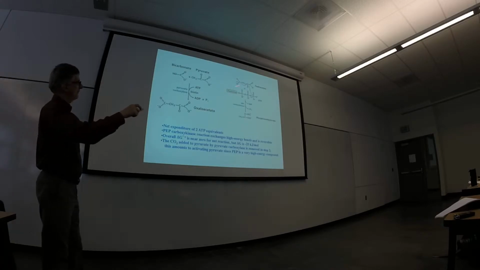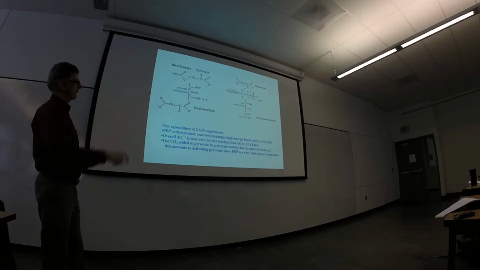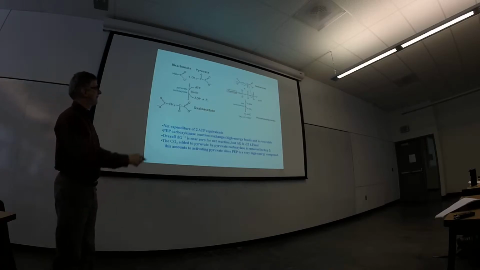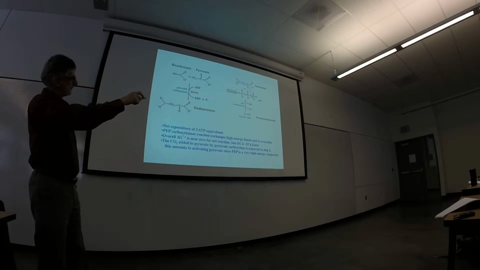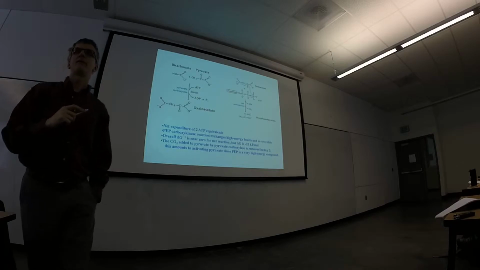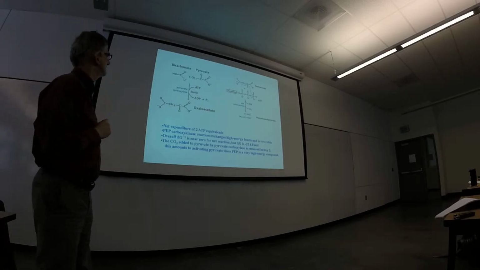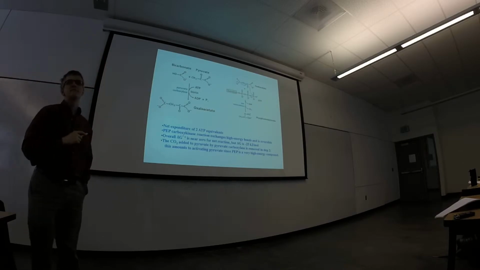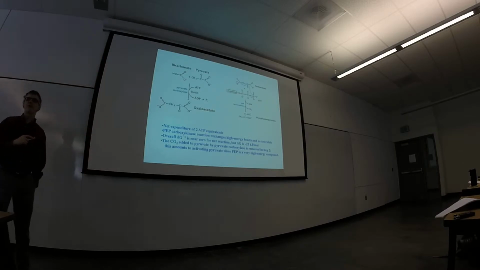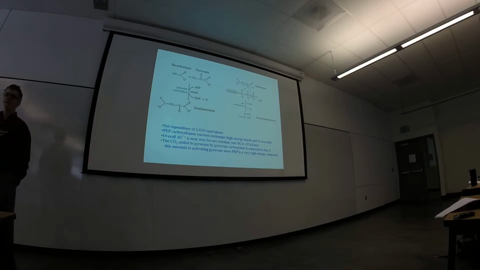This reaction here, oxaloacetate to phosphoenolpyruvate, also requires a high energy cofactor, in this case GTP, to drive the formation of that. Yeah? Sorry, does the pyruvate, is that attached anyway to the carboxylase, or does it just diffuse into the active site? That diffuses into the active site and reacts, yeah.